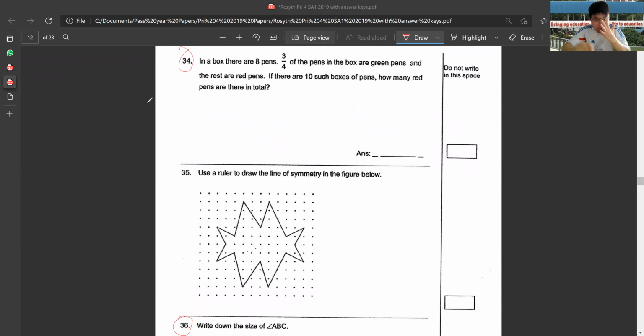In a box, there are 8 pens. 3/4 of the pens in the box are green pens, and the rest are red pens. There are 10 such boxes altogether.